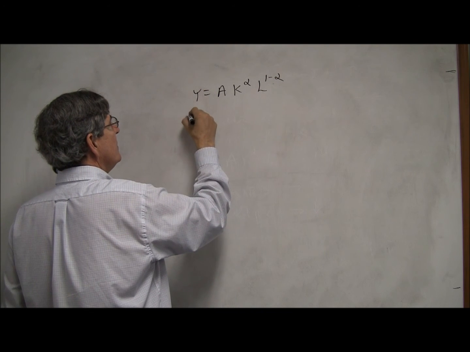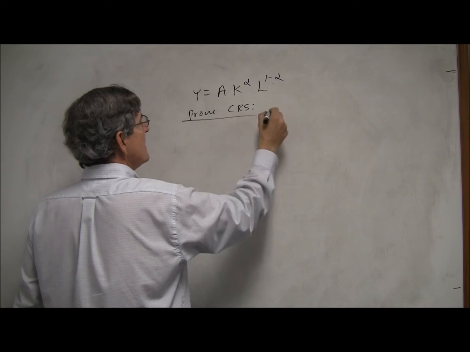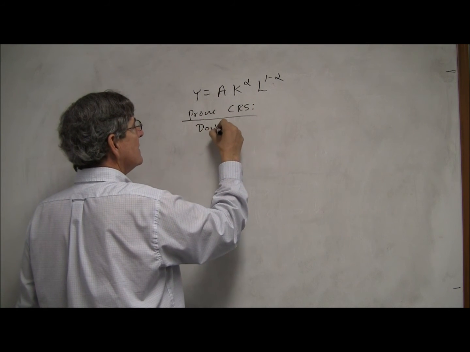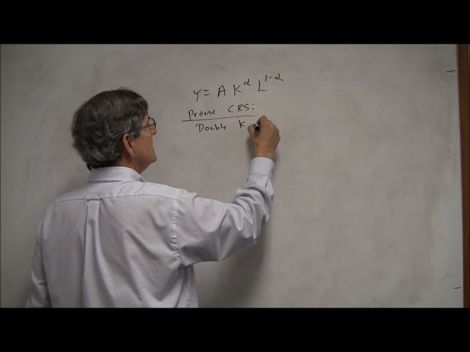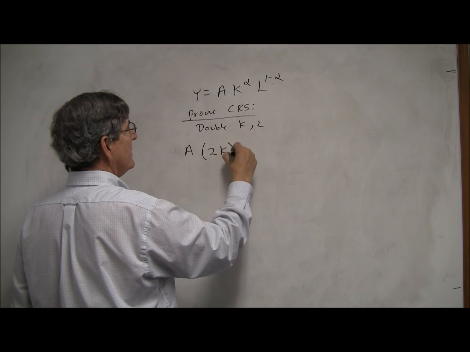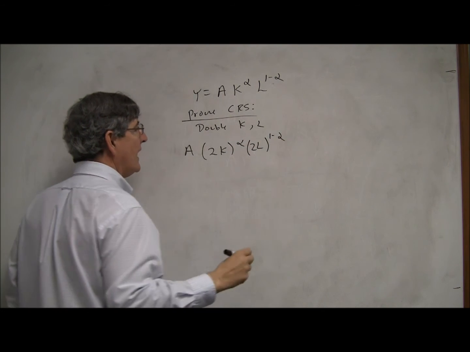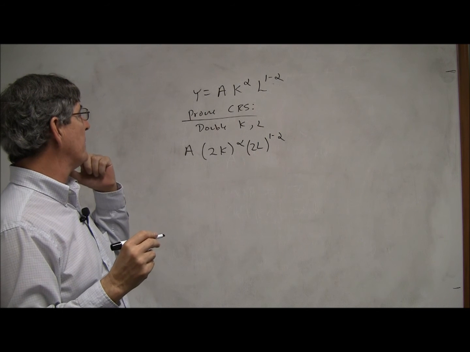Now let's prove that it has constant returns to scale. So I'm going to double the inputs. So I'm going to take A, 2K to the alpha, 2L to the 1 minus alpha. And I need to show that equals 2Y.